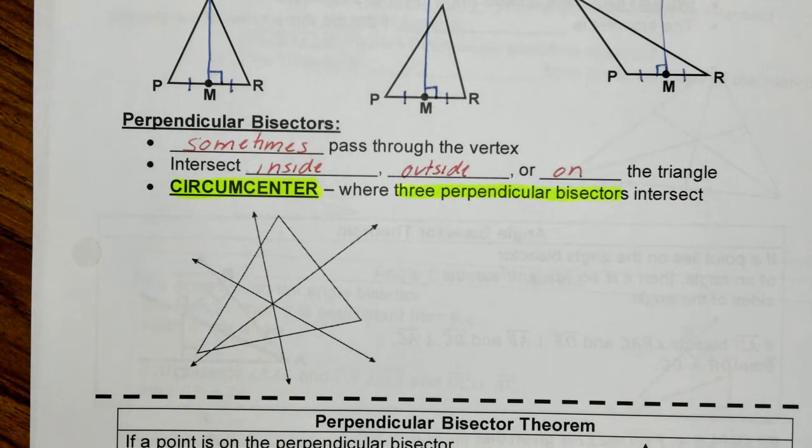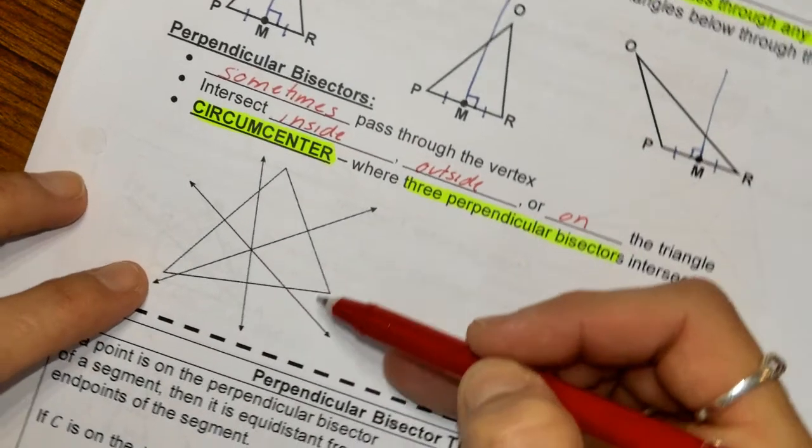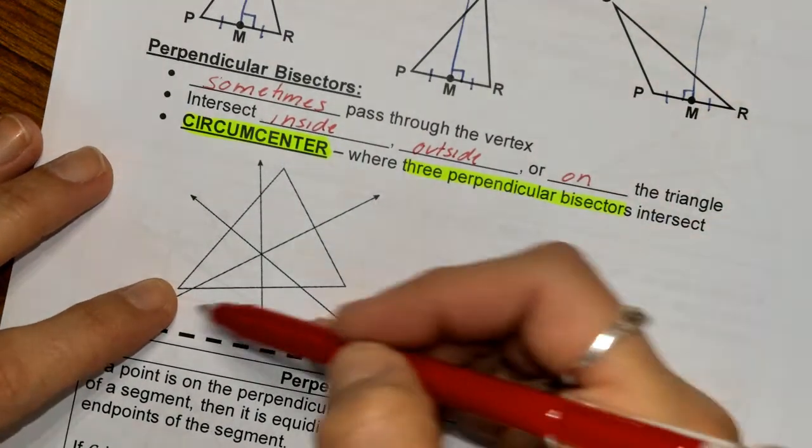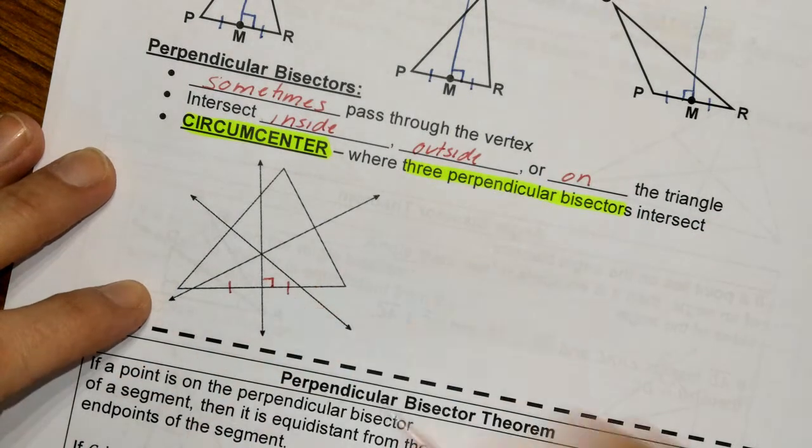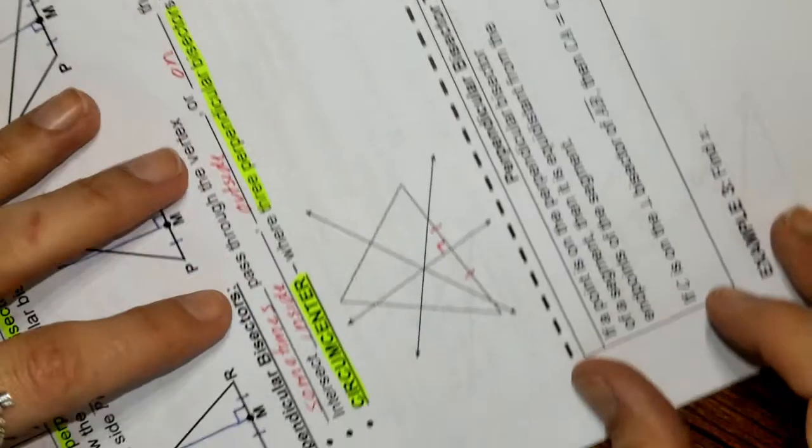So with our picture here, we're going to make sure that we have all three perpendicular bisectors marked with our perpendicular and bisector part. So if we start with this one first, I'm going to rotate it this way. So we have our bottom right here. We have perpendicular, and then we have bisector. Okay? Rotate it around.